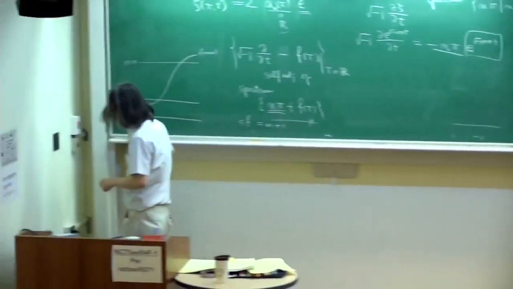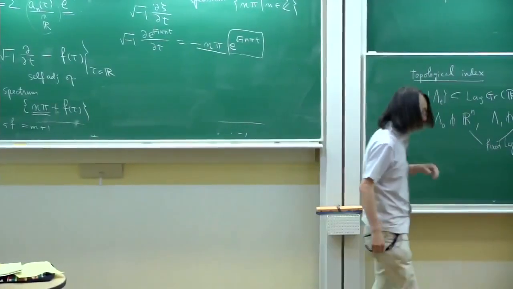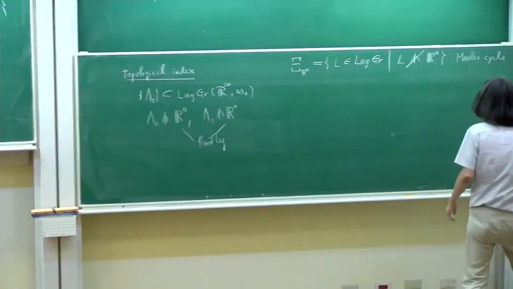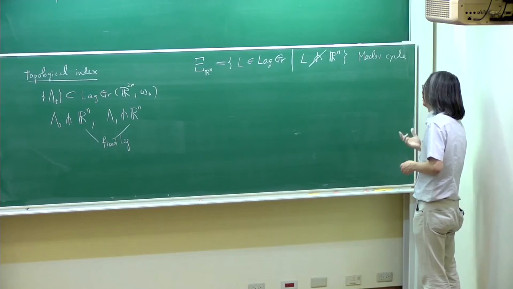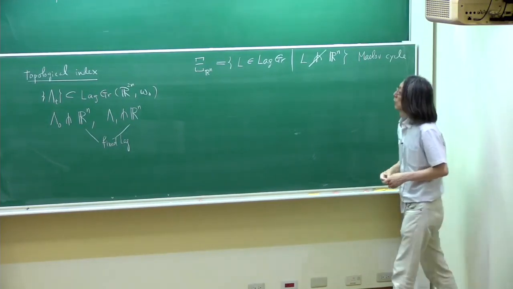It is a quite singular object, with some singularities, but it still gives us a codimension 1 cycle in the Lagrangian Grassmannian.